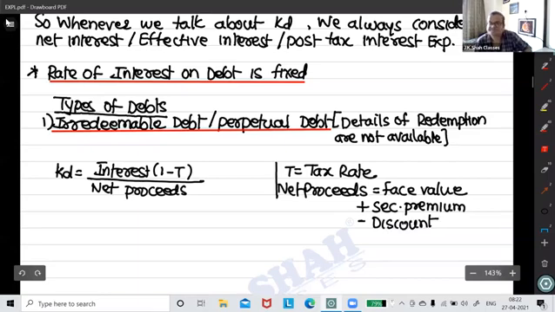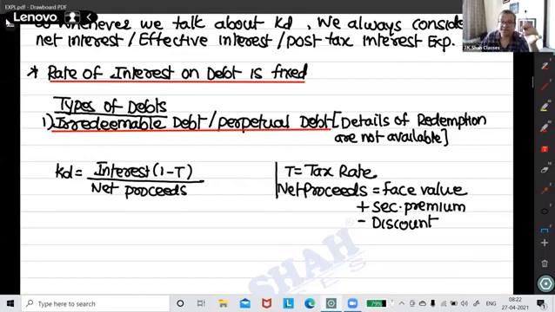Discount. Suppose I issue the debentures at a premium. What will happen, guys? Premium will get added to it. If I issue at a discount, then the discount will get subtracted from it. Everybody agrees on this?